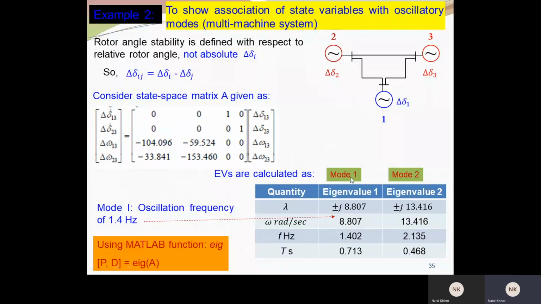So mode 1 corresponds to 1.4 hertz of oscillation, and mode 2 is somewhat higher. These eigenvalues were obtained using the MATLAB eig function.